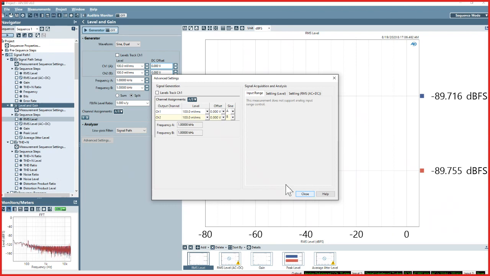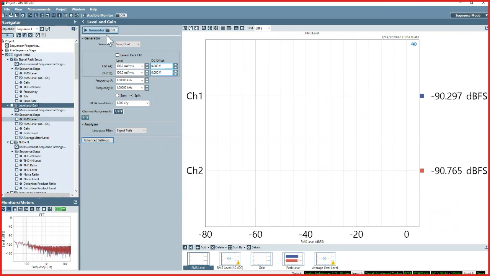So just go into advanced settings, uncheck levels track channel 1, and then you can set a different amplitude and DC offset value per channel. And if you select sine dual, you can generate a different frequency, amplitude, and DC offset on both channels.